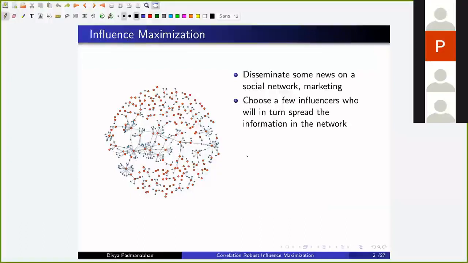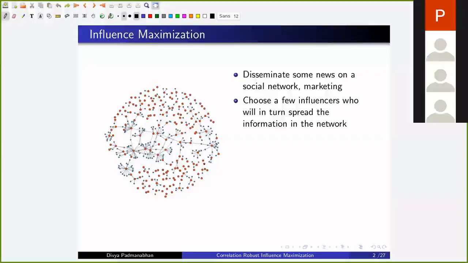Maybe you are a CEO of a company and what you have at your hand is a social network. Social networks are everywhere today, things like Facebook, Twitter, and so on. You can make use of the services offered by the network to spread the information that you want.